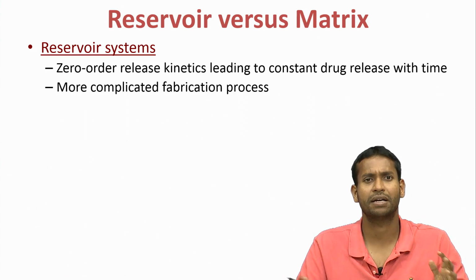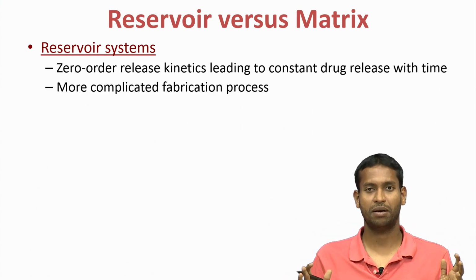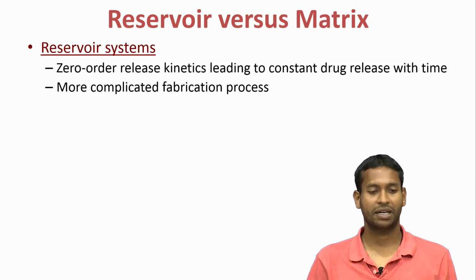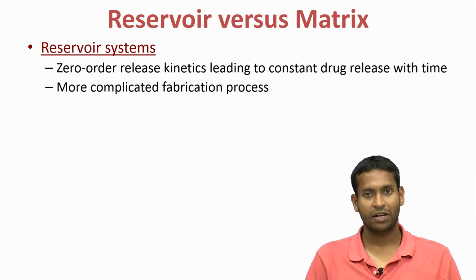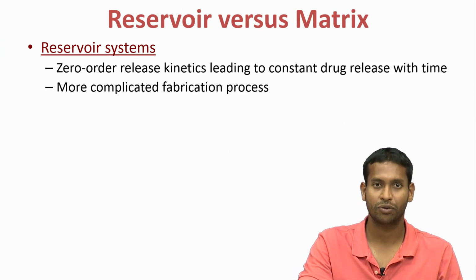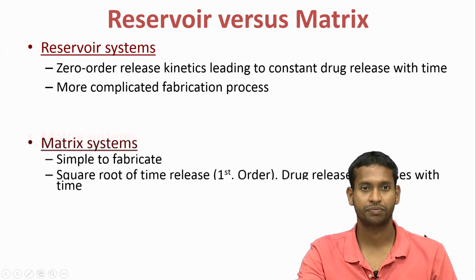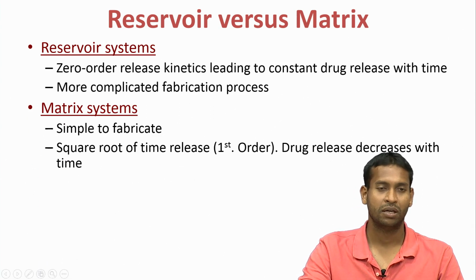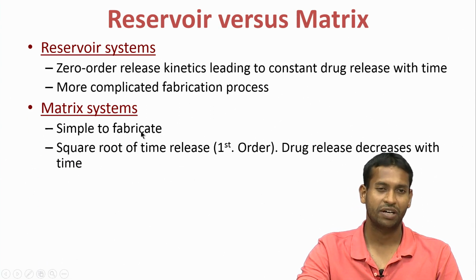So, let us compare how the reservoir system stacks up against the matrix system. In a reservoir system you can get zero order release kinetics, a very constant release rate over time, but the fabrication methods are more complicated compared to, let us say, a matrix system. In a matrix system, as I said, the fabrication methods are fairly easy.